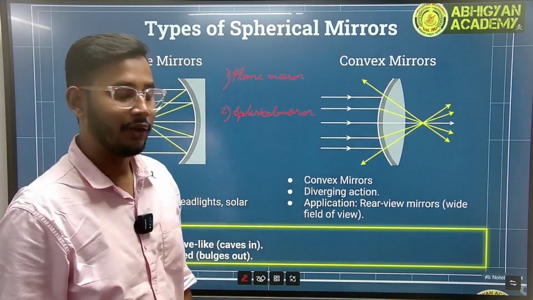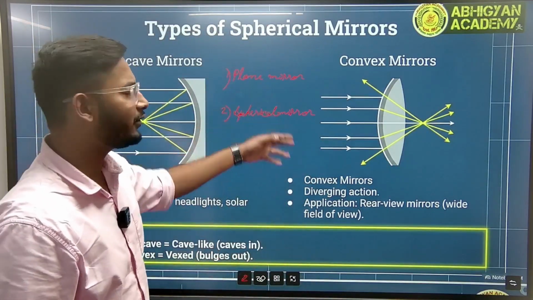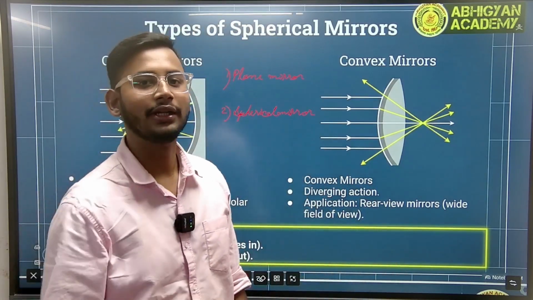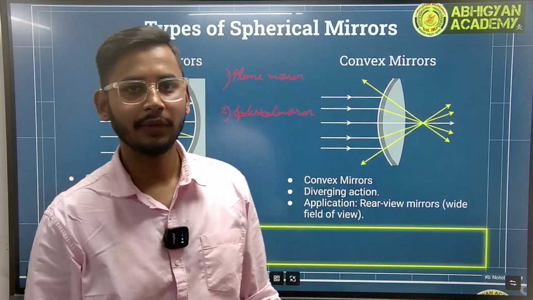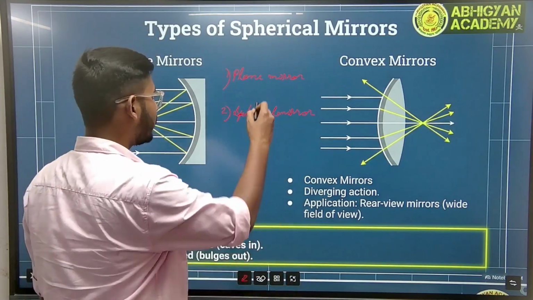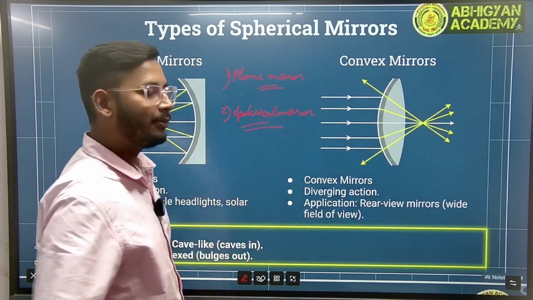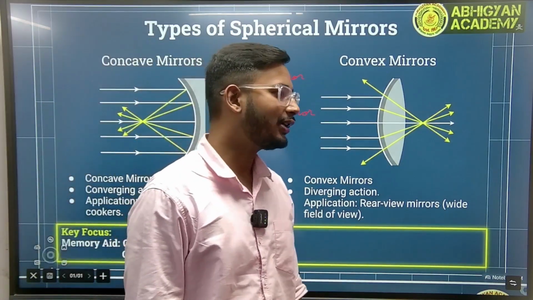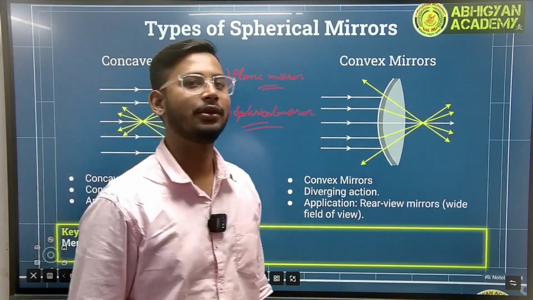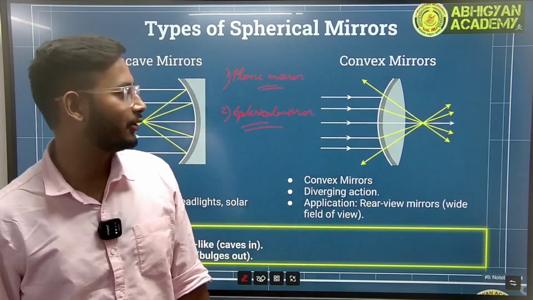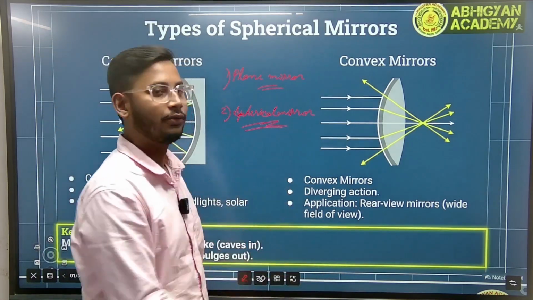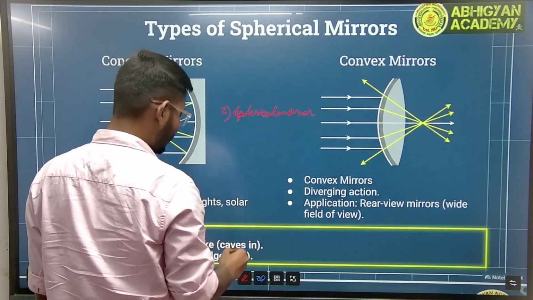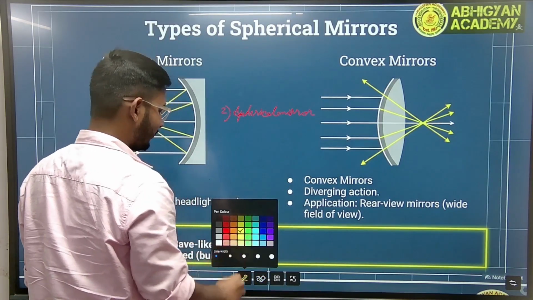The plane mirror is the normal mirror which we use in our homes, in our daily life, to see ourselves. The main thing is the spherical mirror. Spherical mirrors are part of a sphere. In spherical mirrors we get two types of mirror.